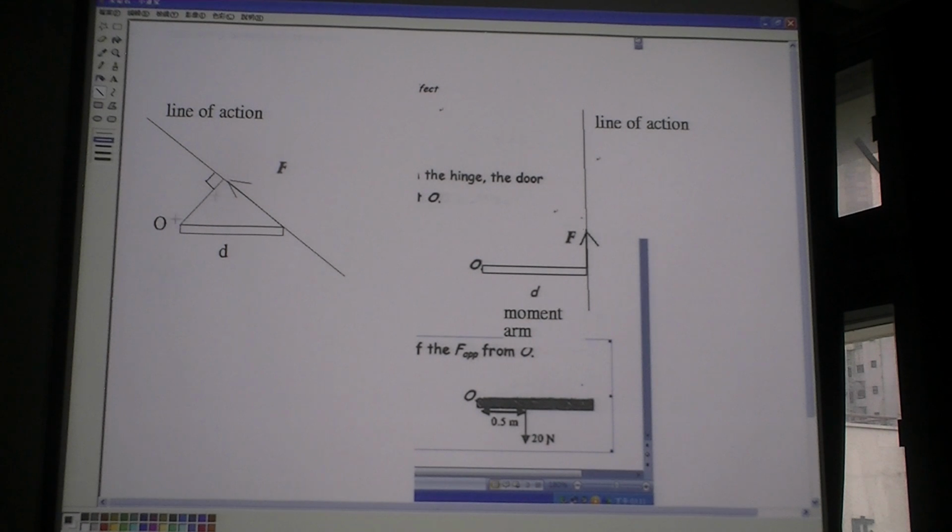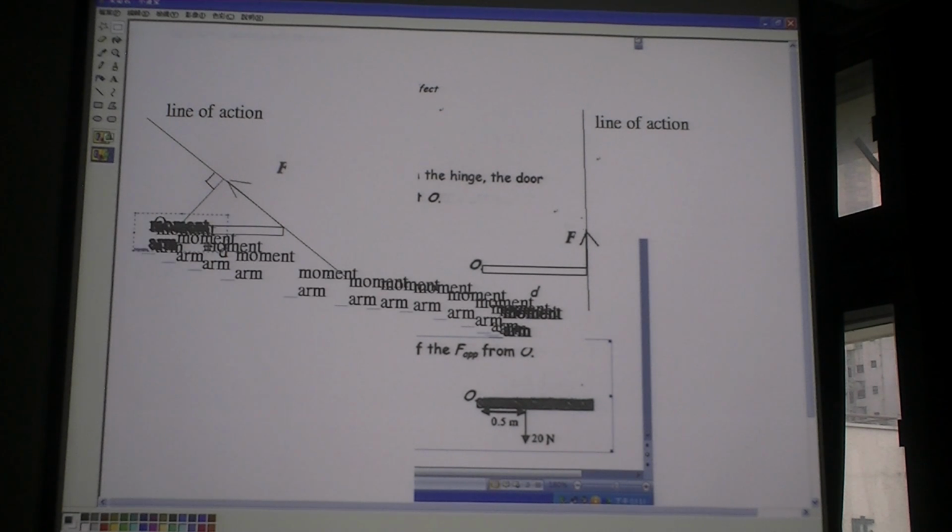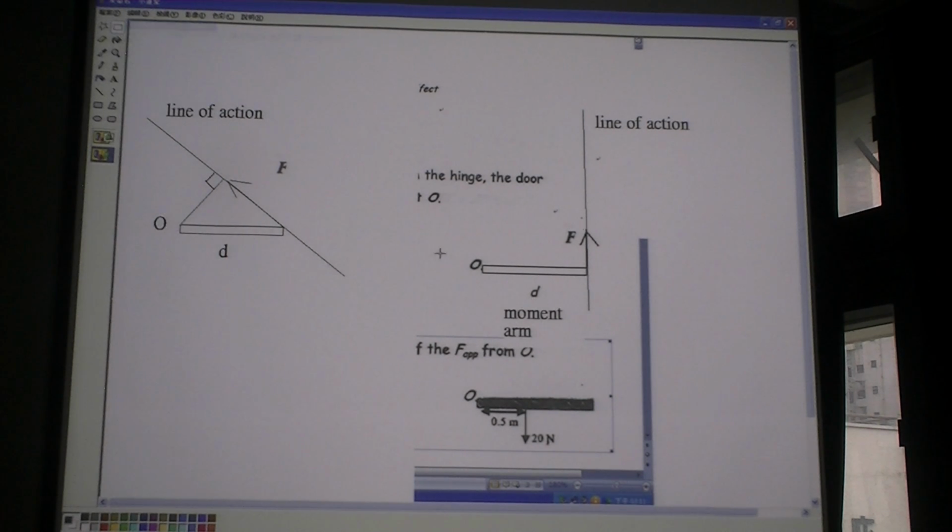So the distance here is called the moment arm of the force.